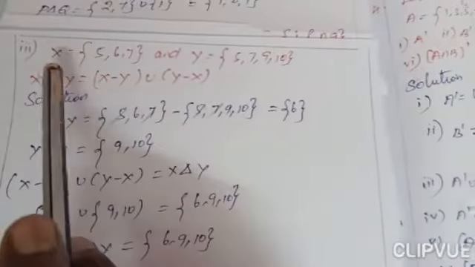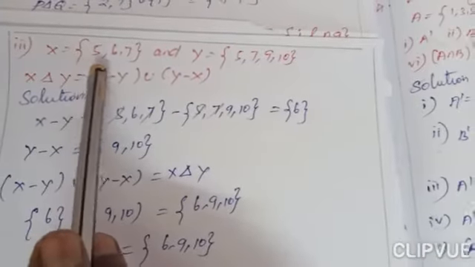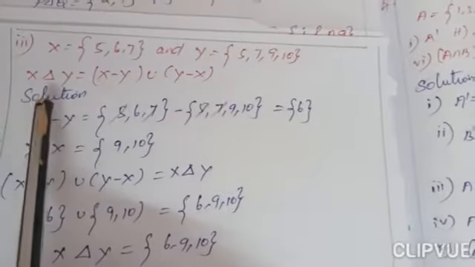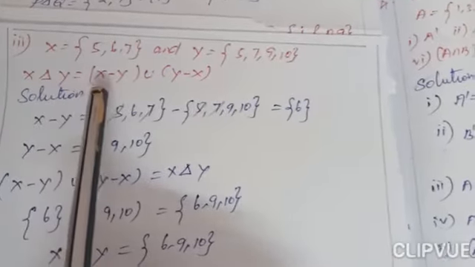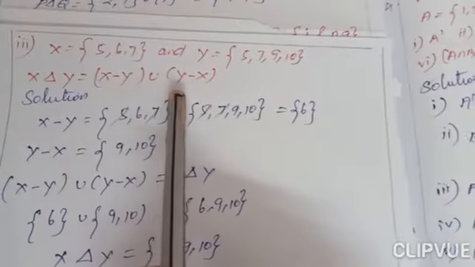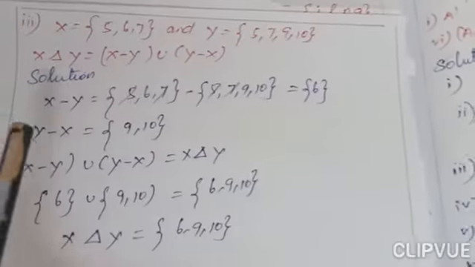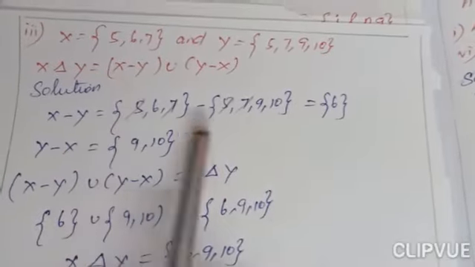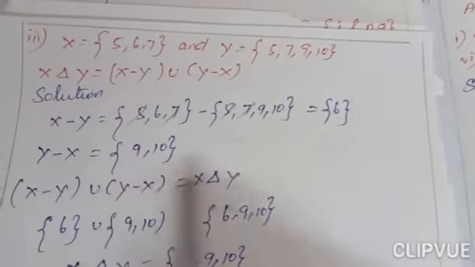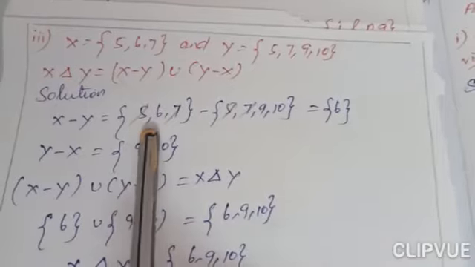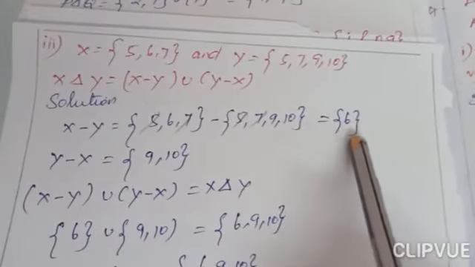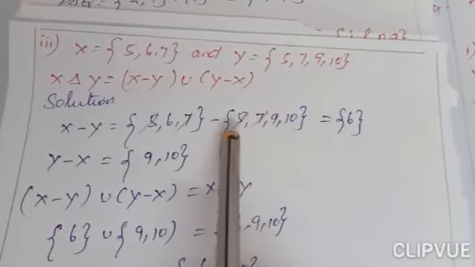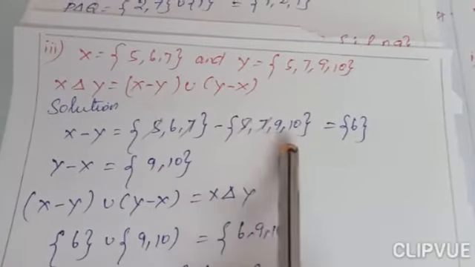Third sum: set X elements are 5, 6, 7. Set Y elements are 5, 7, 9, 10. X symmetric Y equals X difference Y union Y difference X. First you have to find X difference Y. Write the elements of X and Y respectively. After that cancel the common elements. 6 alone in set X, that is X difference Y. Y difference X is the remaining elements of set Y, 9 and 10.